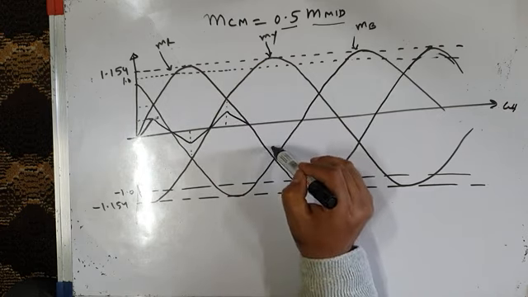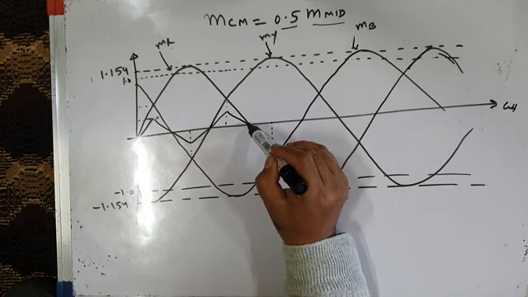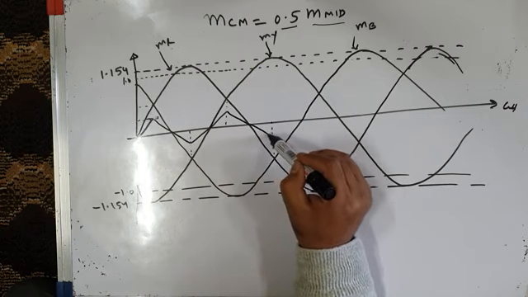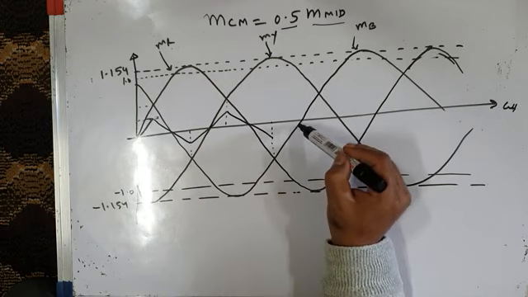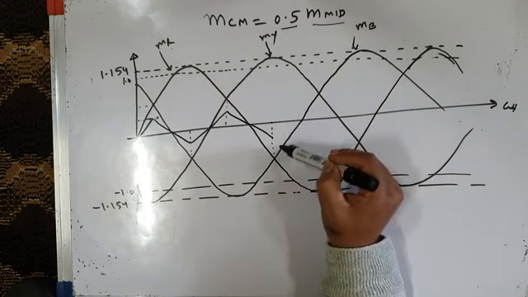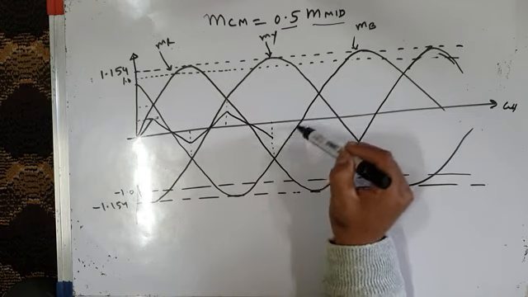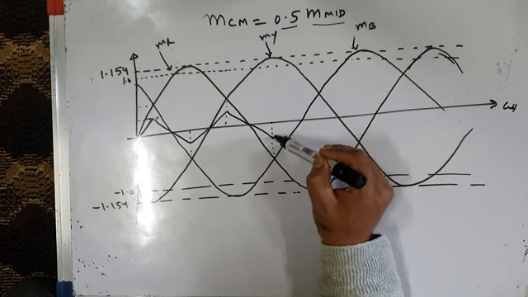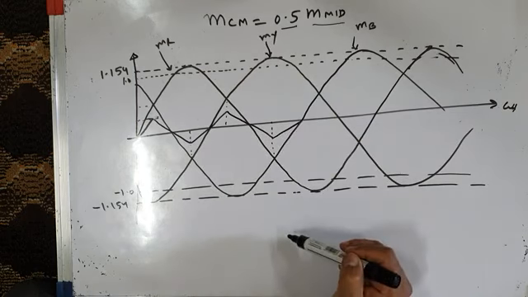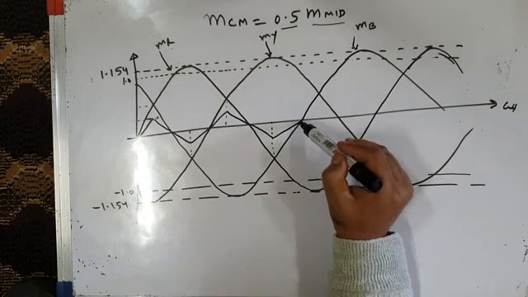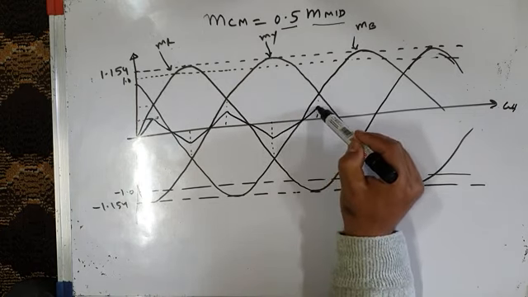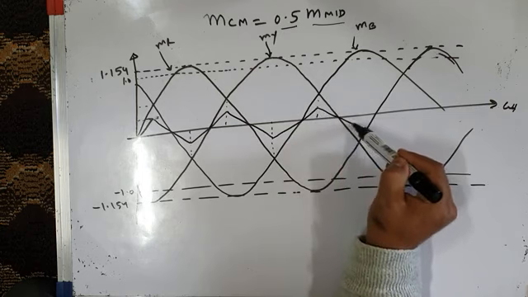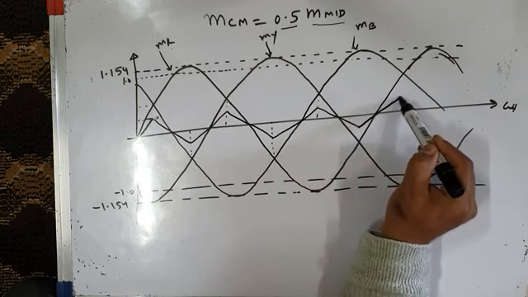Then from 180 to 210 degrees, it's again 0.5 MR. From 210 degrees to 240 degrees, the middle signal is MB, so half of it is this, that's 0.5 M mid, 0.5 MB, and then for the next 30 degrees it's the same 0.5 M mid, so you can continue like this. So this is your M mid.